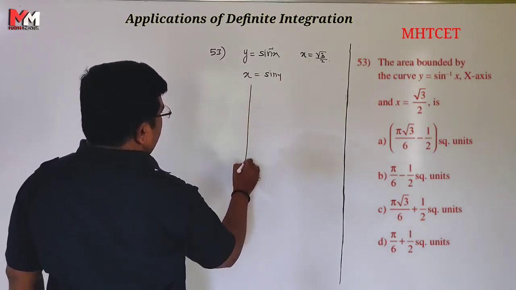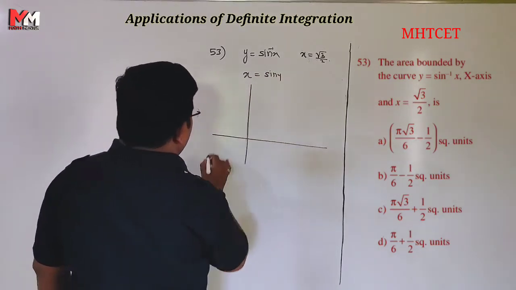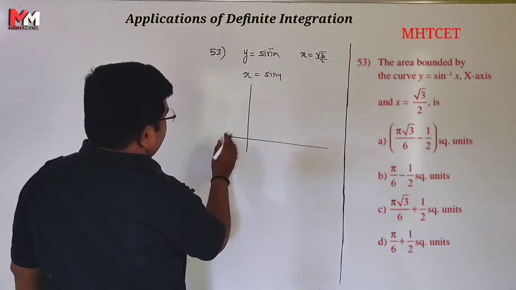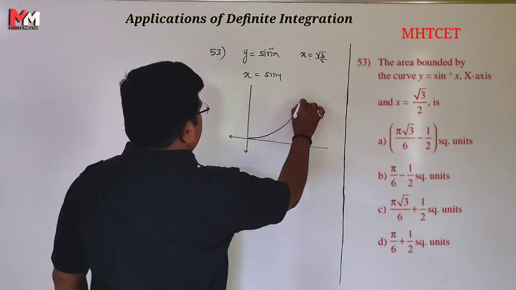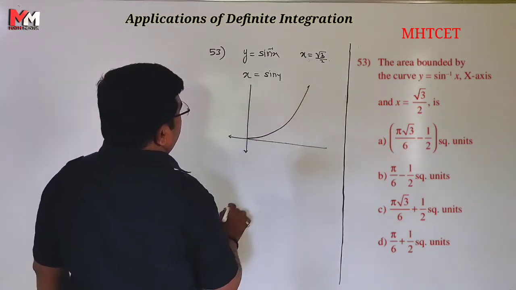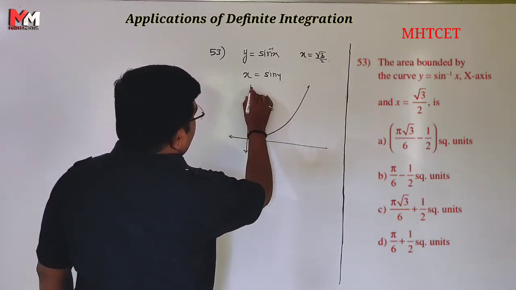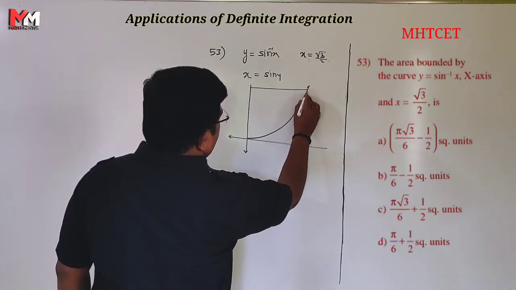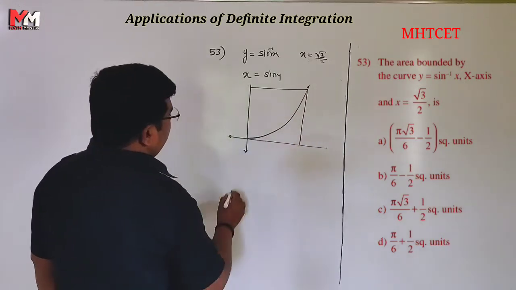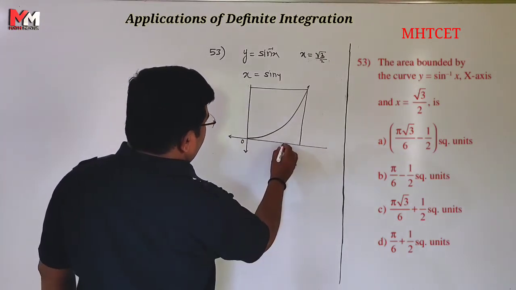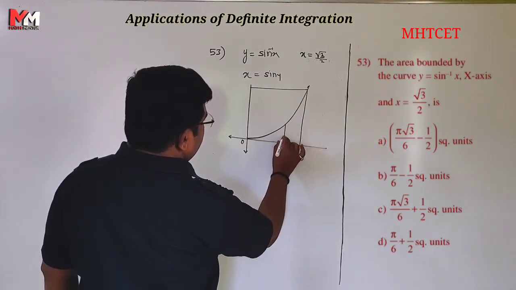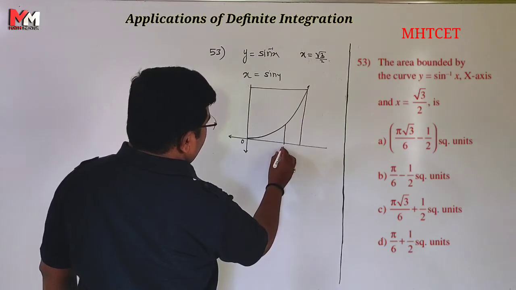So we know the graph of the inverse function. This is sine inverse. This is pi by 2, this is 1, here is 0. So x is root 3 by 2.